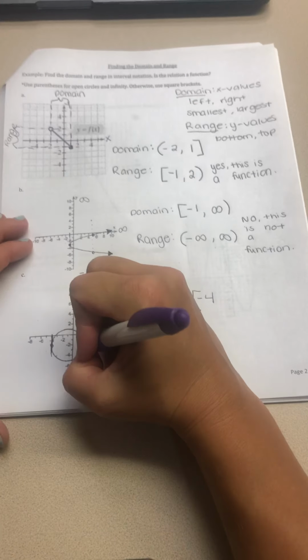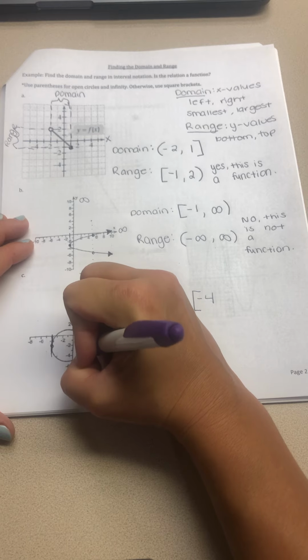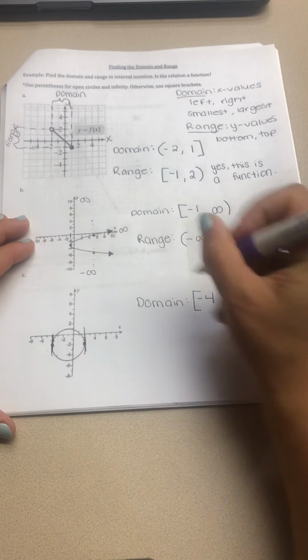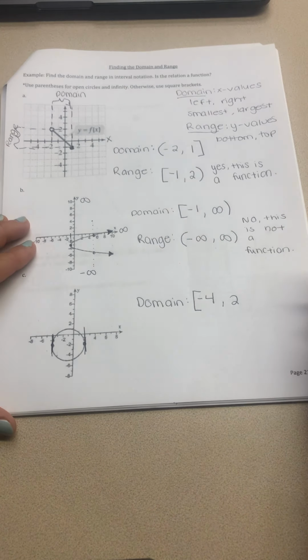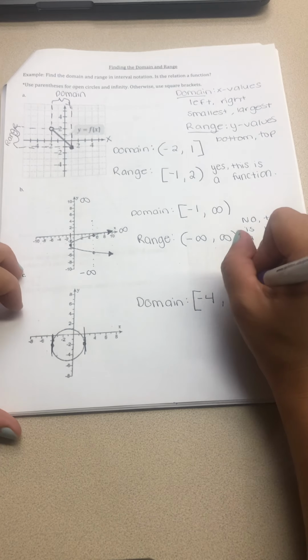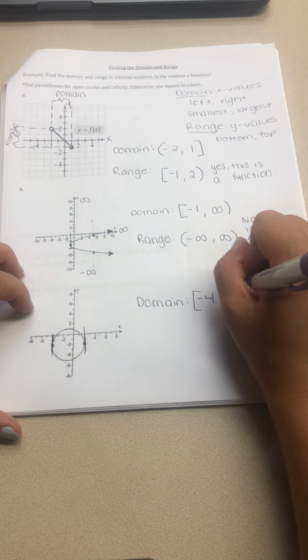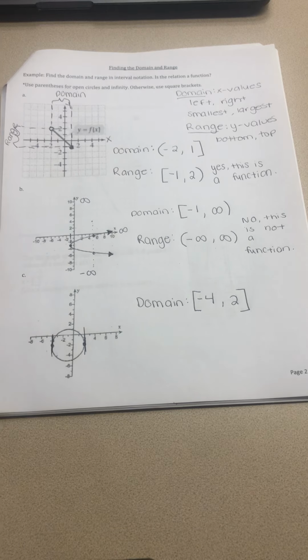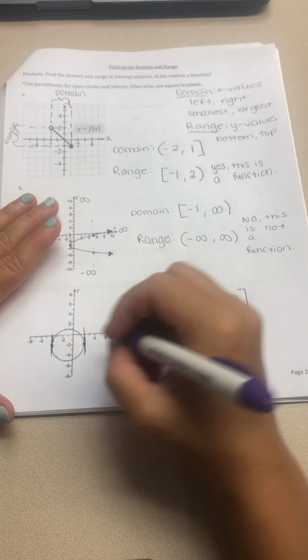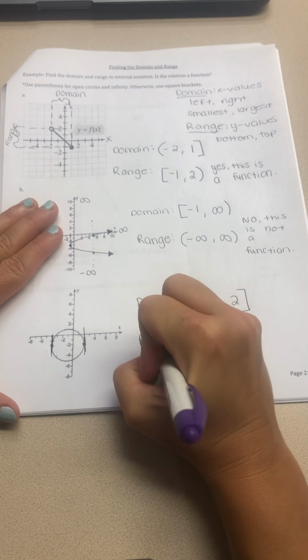This looks like it's my furthest right point, which is at +2. Again, there's a closed circle there. +2 is an x value, it's included, so we're going to use a bracket to show that. And that's from left to right, from smallest to largest.